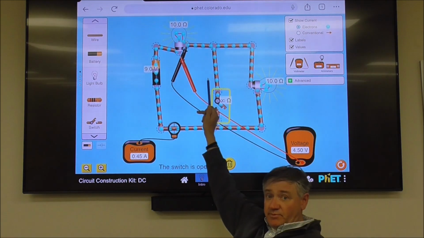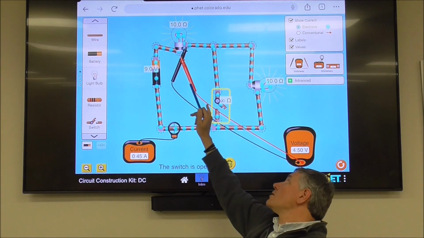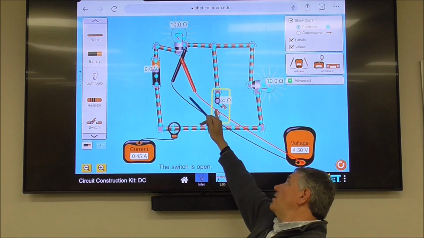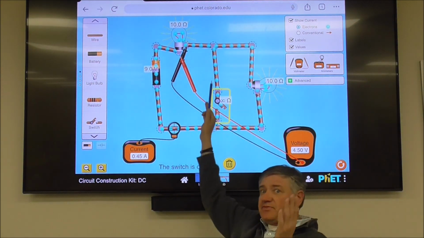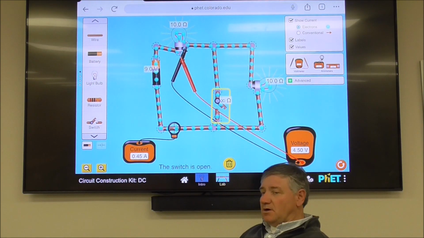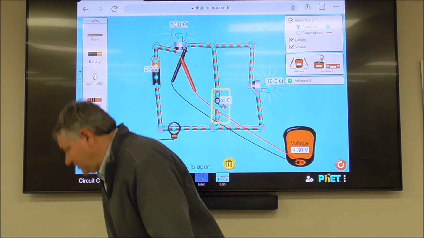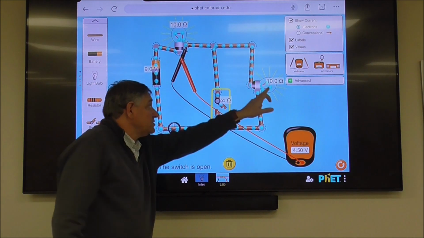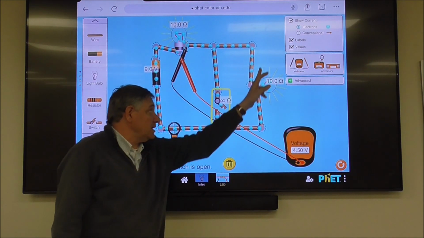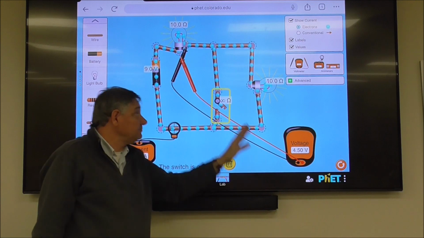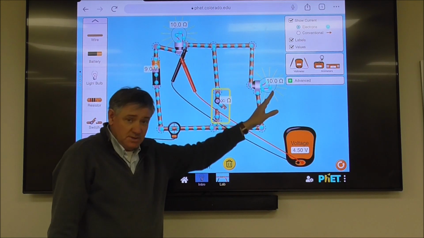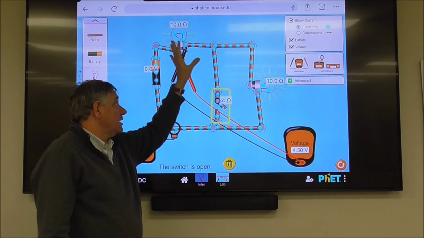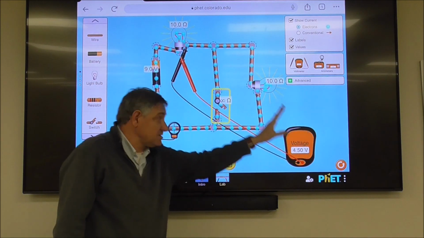Right now this switch is open, so this part is dead. Nothing's happening here. So let's do the math. Basically these two bulbs are in series, 10 ohm, 10 ohm. So this is like having a 10 ohm resistor and a 10 ohm resistor.